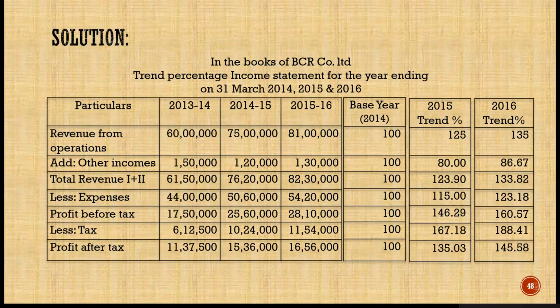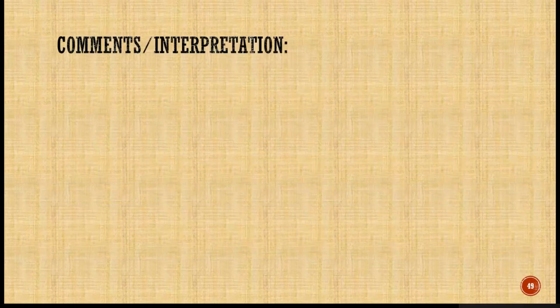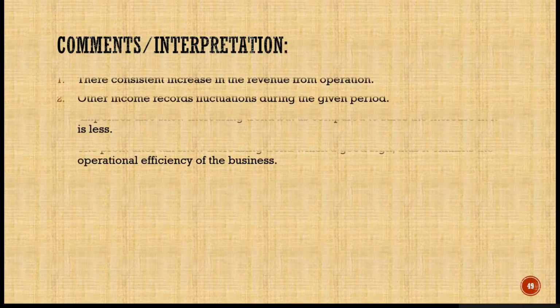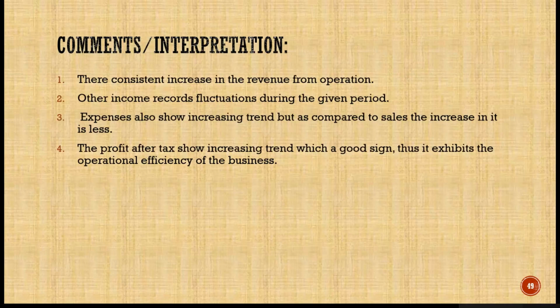Now, next is comment. How to comment on the trend percentage. The first is there is a consistent increase in the revenue from operation. Next is other income records fluctuations during the given period.